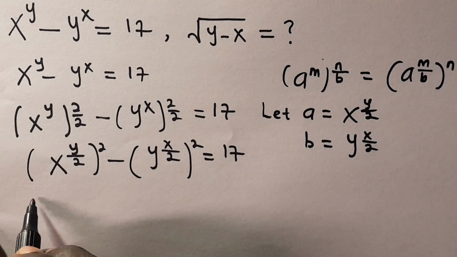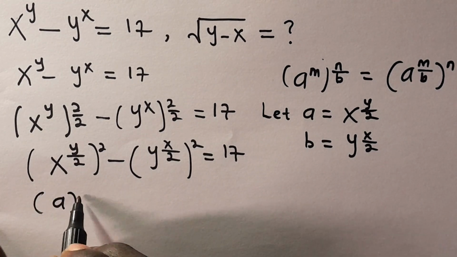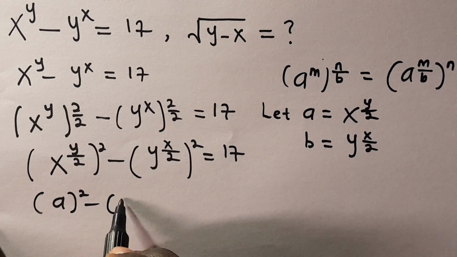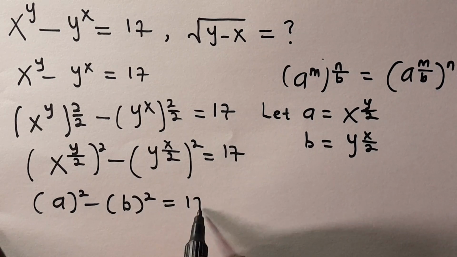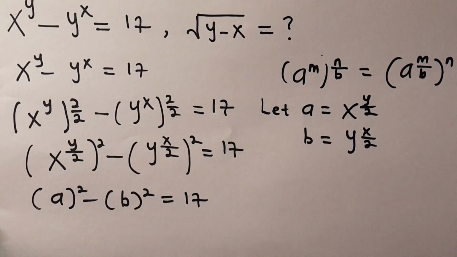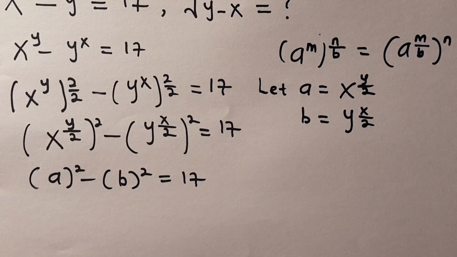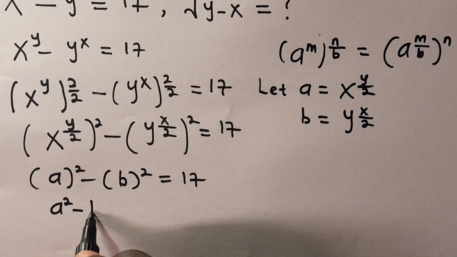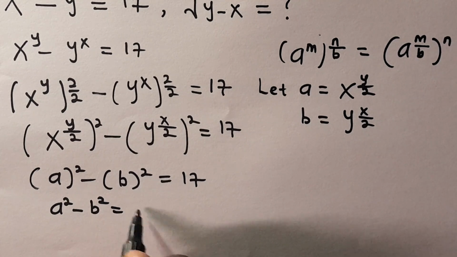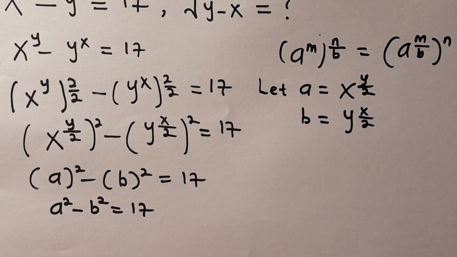So what we are going to have will be equals a raised to power 2, then minus b all square will be equals 17. So from here, what we are going to have for this will be a square minus b square will be equals 17.